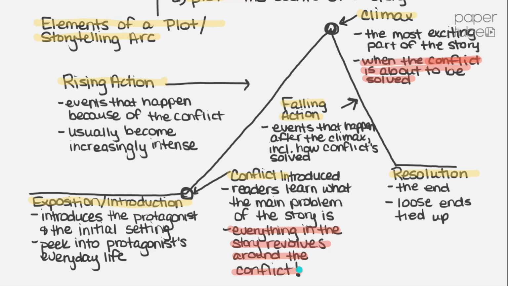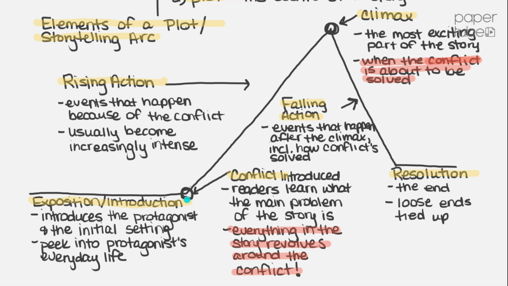As part of the exposition, you can see this little circle here at the end of it. That's when the conflict is introduced. And once the conflict is introduced, that's when we really have a story. If we don't have a conflict, we just end up with a list of events that happen to somebody, and that's not the most interesting thing to read.